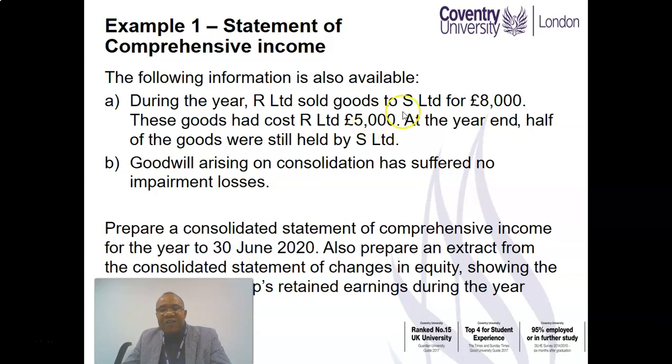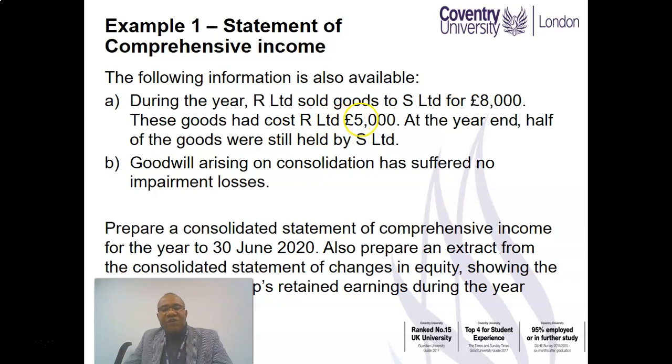I insist, the profit of 3,000 is unrealized until S Limited has sold the goods on to a third party. Here we are told that at the year end, half of the goods were still held by S Limited, which means half of that profit, 1,500, is unrealized. We have to adjust the cost of sales figure by adding 1,500 to that.